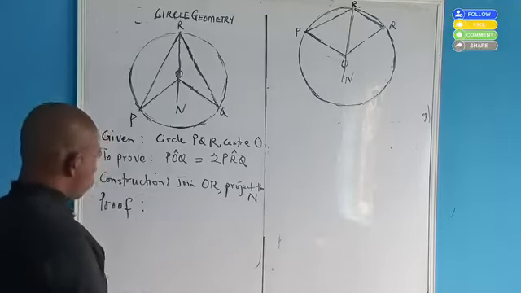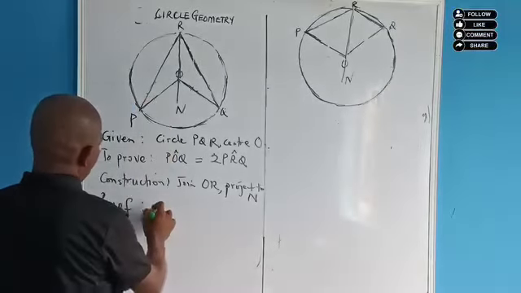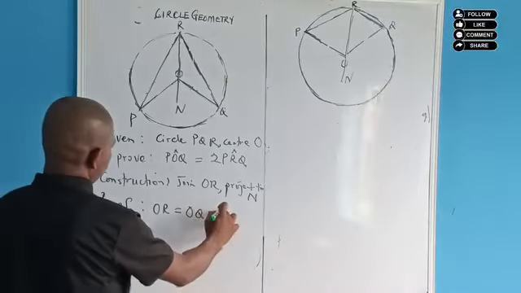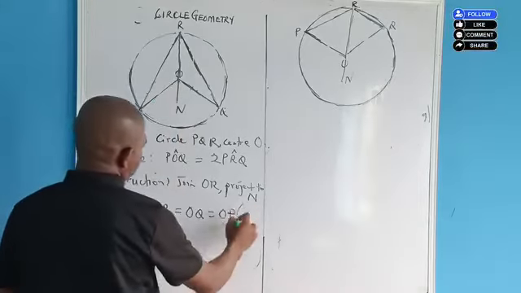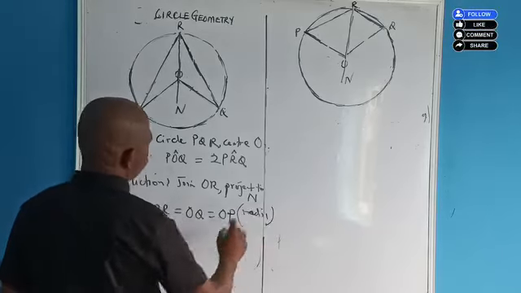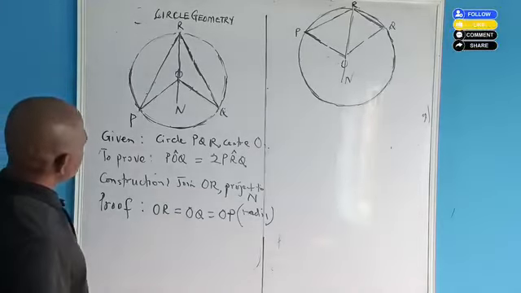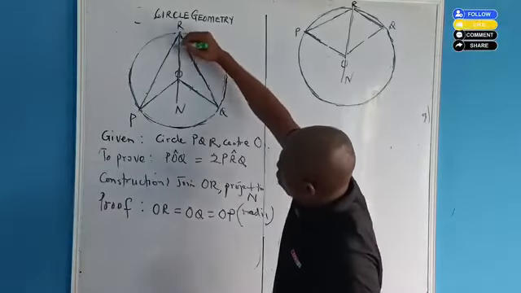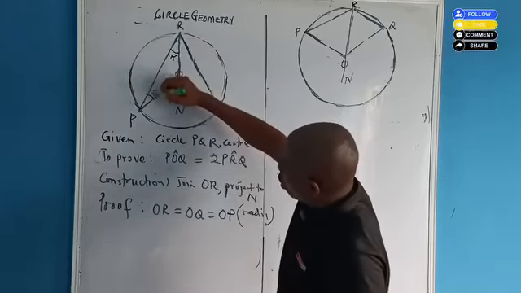Now, the next thing we do is proof. The first thing we notice is OR is equal to OQ and is equal to OP. The reason is that they are all radii of the circle. Same thing obtains over there. Now, we can call this angle here x1 and call this one x2.